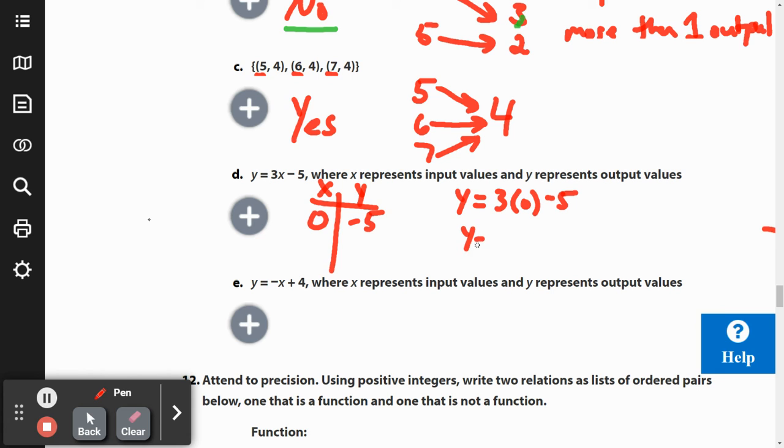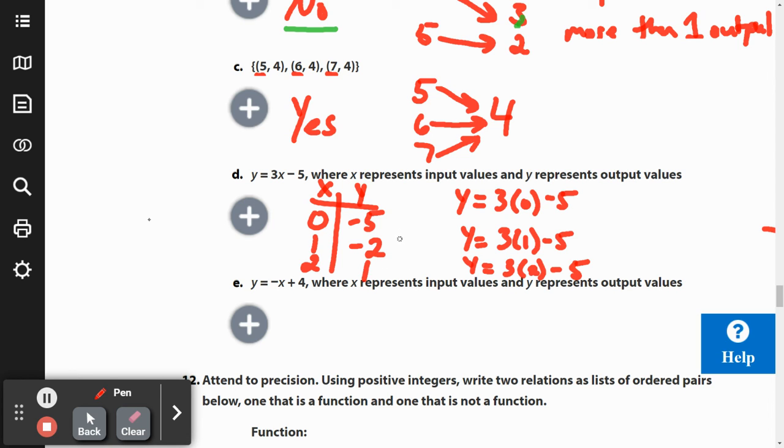Let's say y equals 3 times 1 minus 5. What would that be? Negative 2. Let's say y equals 3 times 6 minus 5. That'd be 18 minus 5, which is 13.